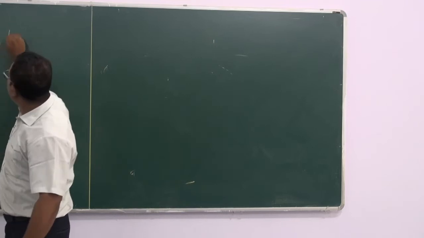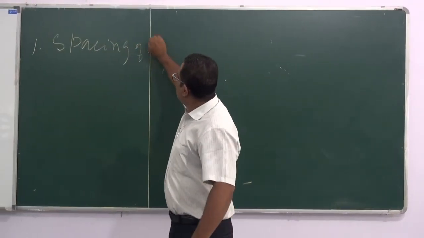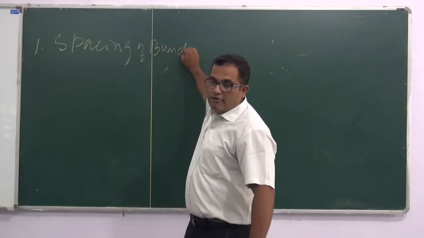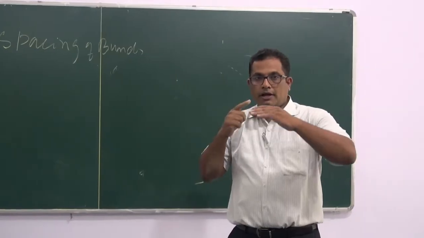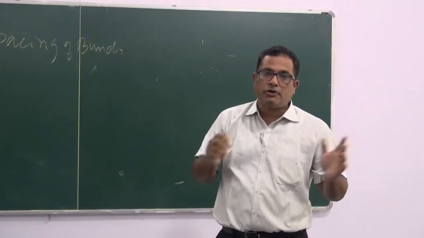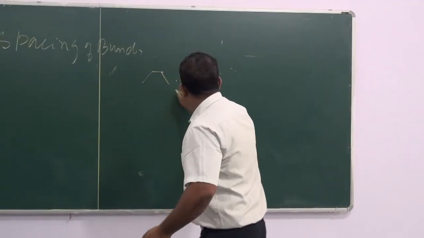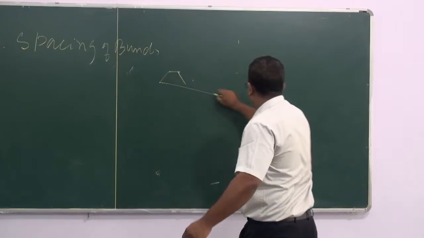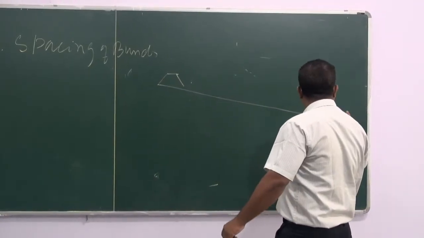spacing of bunds. By spacing of bund, we mean the difference in elevation as well as the difference in distance between two consecutive bunds. Suppose one bund is here and the next bund is at this place.